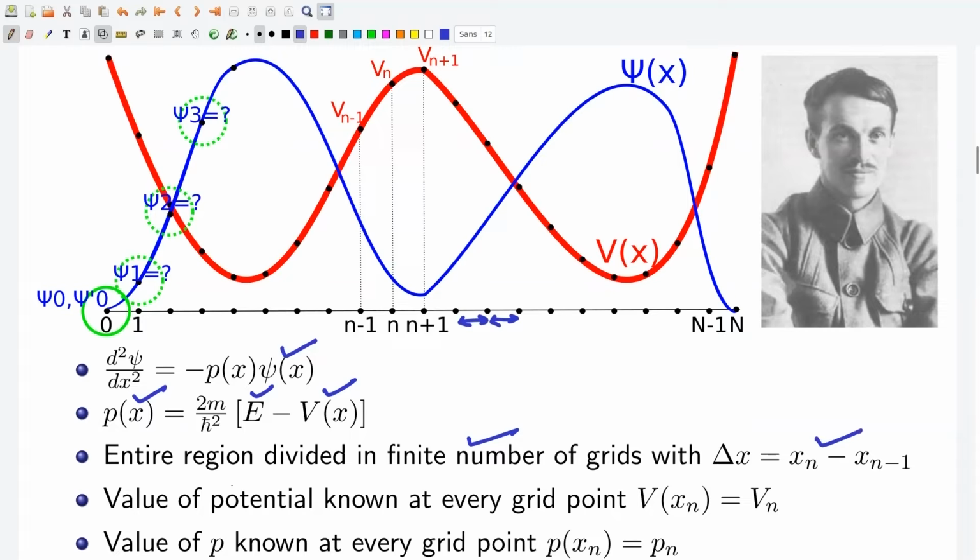And since the function V of x is given to us, we know the value of the potential at every grid point. And as I said, if we know E, then we also know this function P at every grid point.